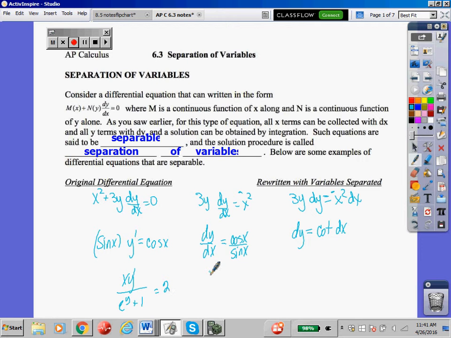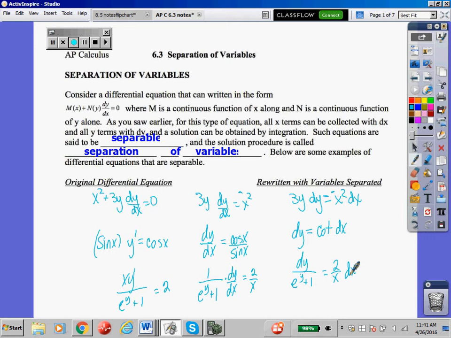So I'm going to change the y prime to dy/dx, and I'm also going to divide both sides by x to start with. So again, I changed y prime to dy/dx, and I divided by the x. So then you could actually write this as dy over e to the y plus 1 equals 2 over x dx. Now, whether you put the dy in the top or you write it beside it is equivalent.